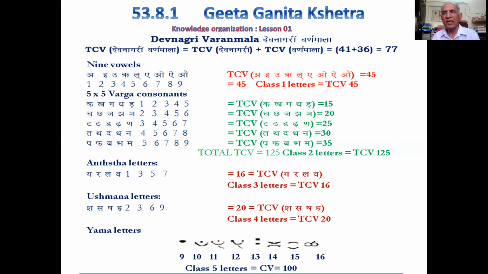The last group class of Devnagri alphabets is of Yama letters. There are 8 Yama letters. These 8 Yama letters are given association of values 9 to 16.